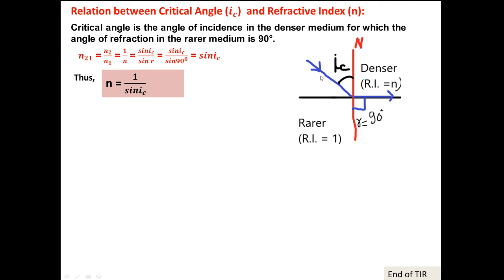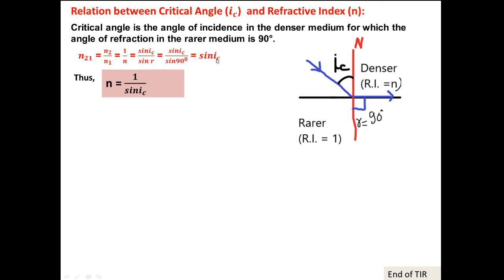Here we have taken the denser medium and light is coming at angle iC. iC is the critical angle. So critical angle is the angle of incidence for which the angle of refraction in this medium is 90 degrees. Means light just passes over the interface of the media.